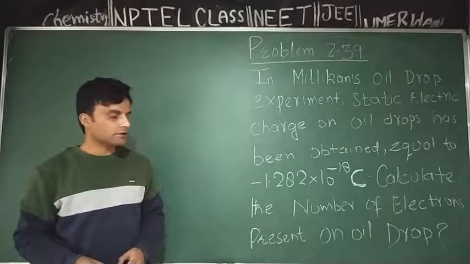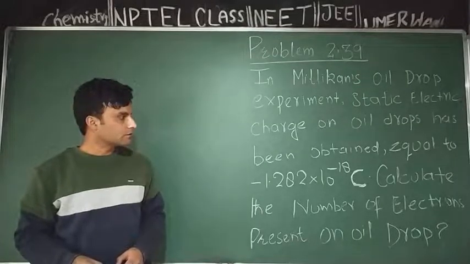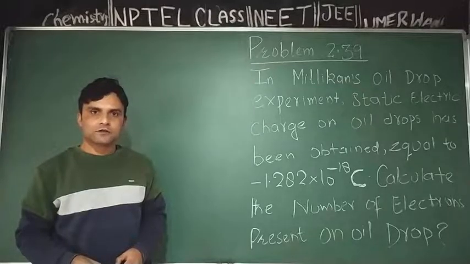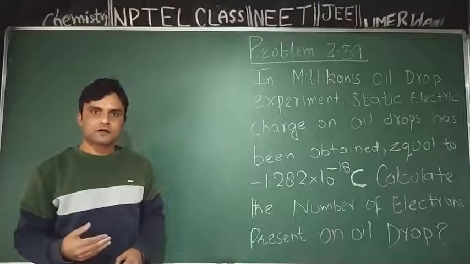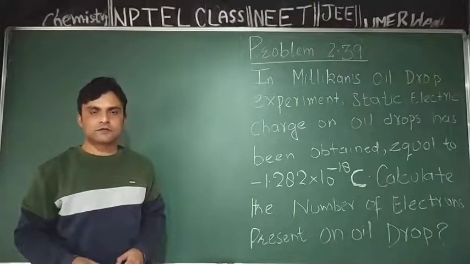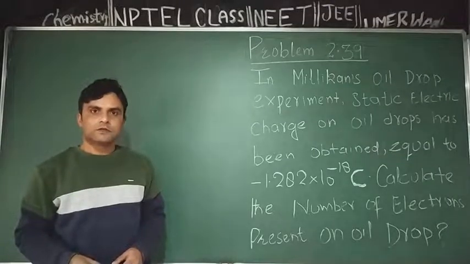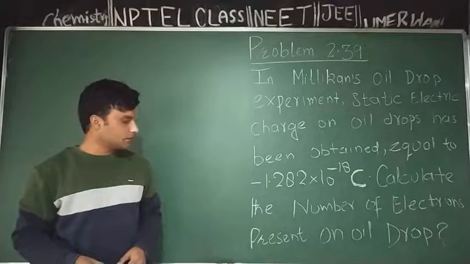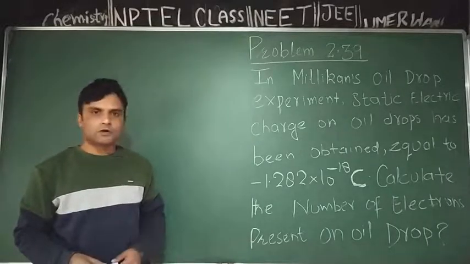And for determination of magnitude of charge on oil drops, X-rays were used in order to cause ionization of gas so that electrons are ejected from gaseous atoms. Now we need to calculate the number of electrons present on oil drop.